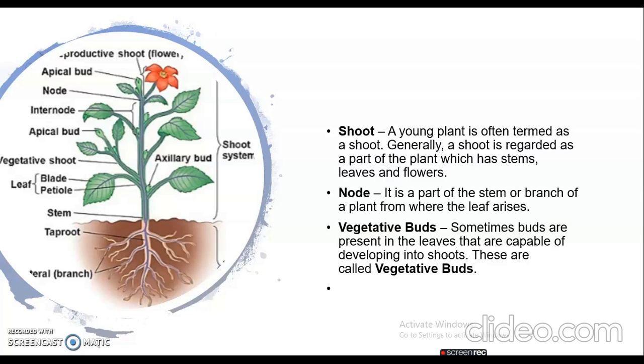Now what is a node? It is a part of the stem or branch of a plant from where the leaf arises. Vegetative buds. There are some buds present in the leaves that are capable of developing into shoots. This helps in forming new plants. So these are called vegetative buds.